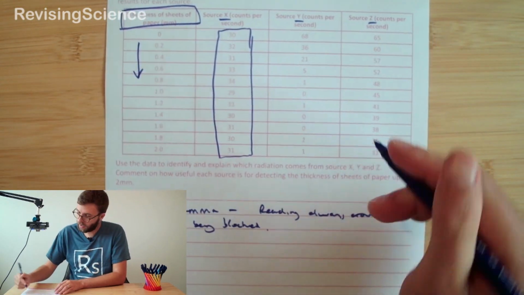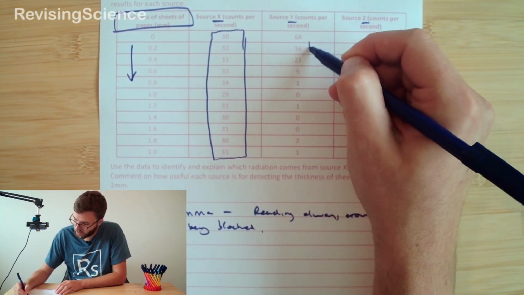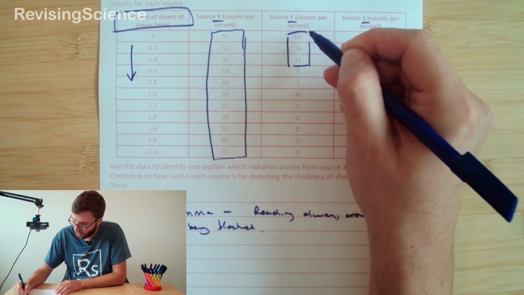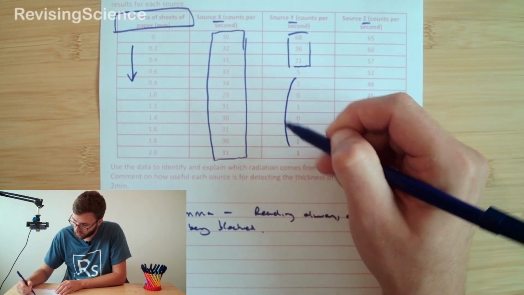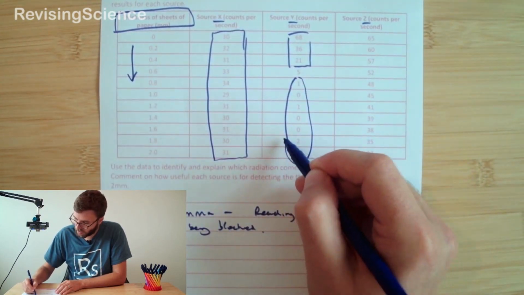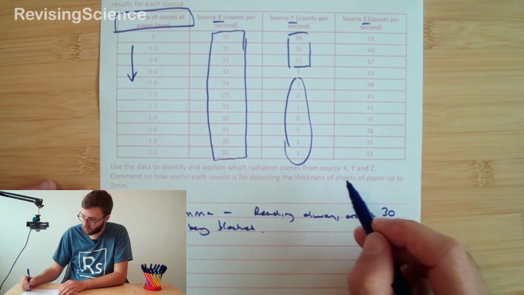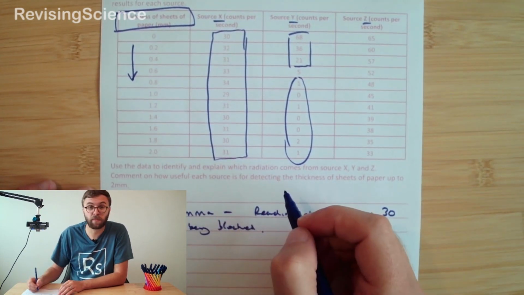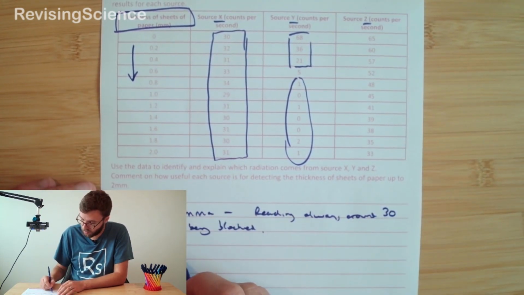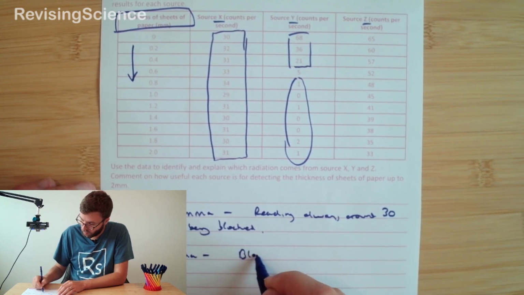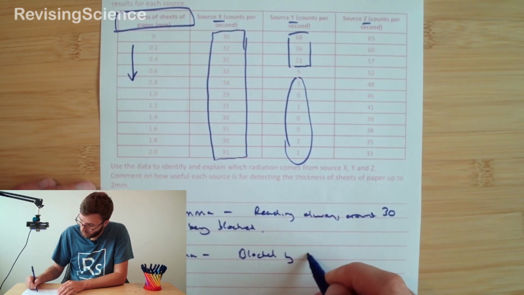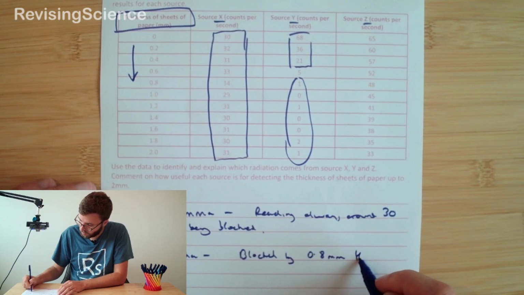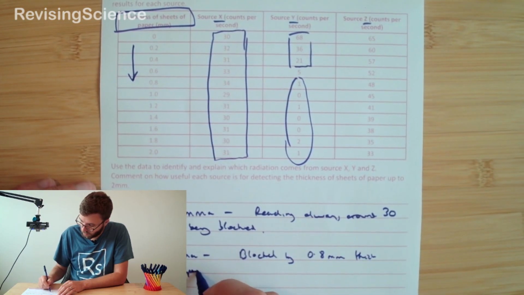Let's have a look at Y, where you can see that Y very quickly goes down, and by the time we've got to 0.8 millimeters of thickness, it's barely registering anything, probably some background radiation, so it must be the one that's getting blocked the easiest. So this would be alpha, blocked by 0.8 millimeter thick paper.